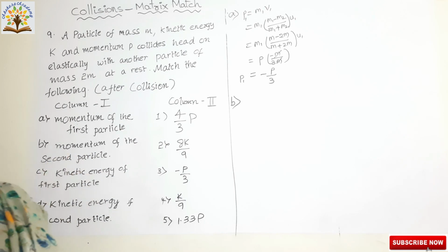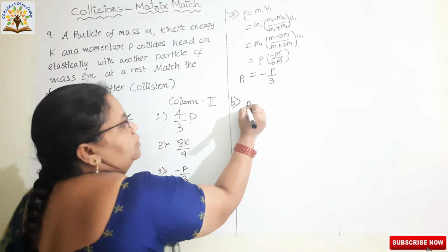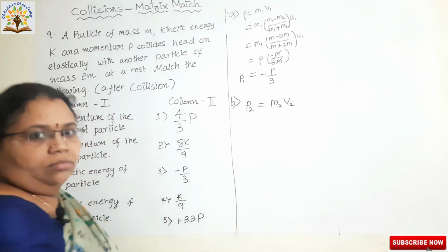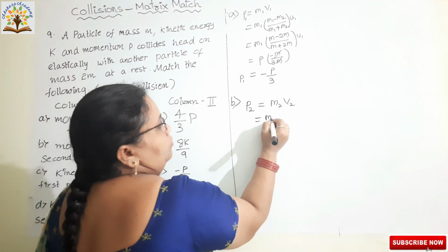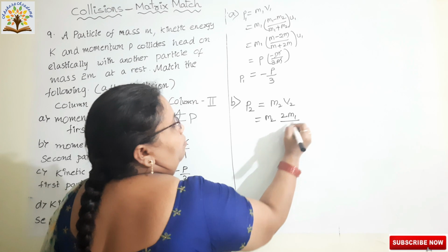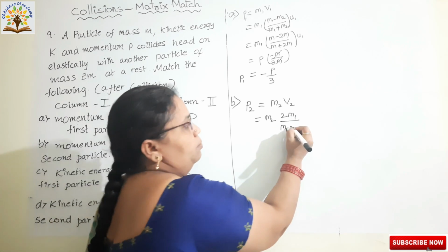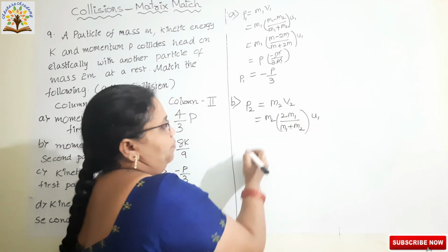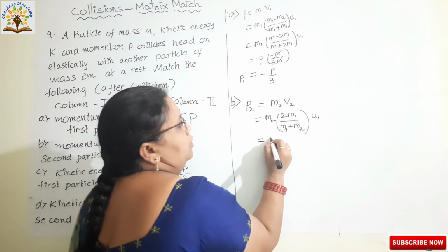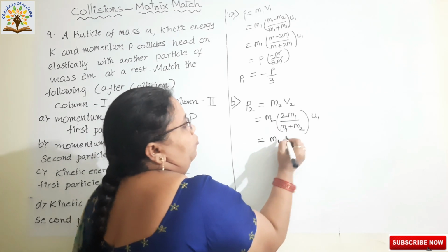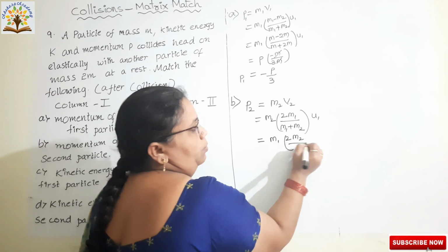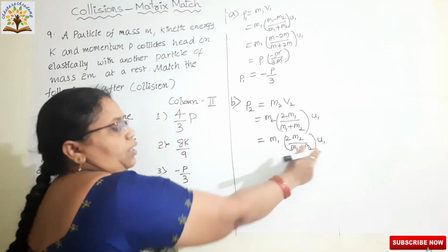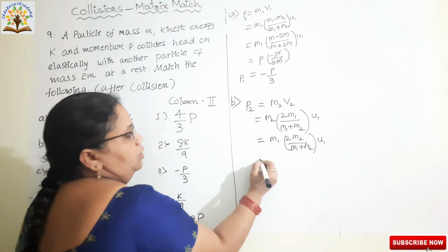Now the second one, the momentum of the second particle, that is p2, is equal to m2 v2. What is v2? 2 m1 by (m1 plus m2) of u1. Here we are writing m1 into 2 m2 by (m1 plus m2) into u1. m1 u1 is p.